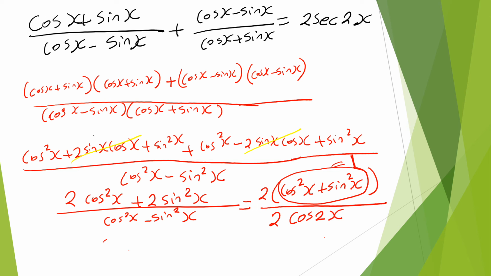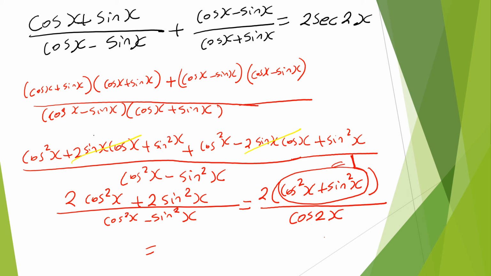So that's why you end up with 2 over 2 cosine 2x. Now these two can simplify, so I end up with 1 over cosine 2x. Sorry, why did I put the 2 in here so that they simplify? Otherwise we won't get that. So I've done something wrong.